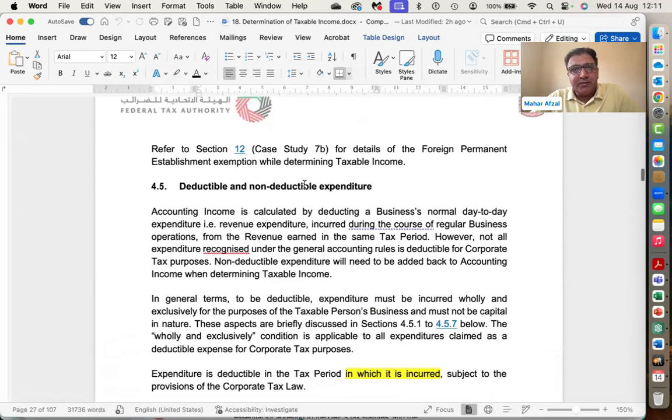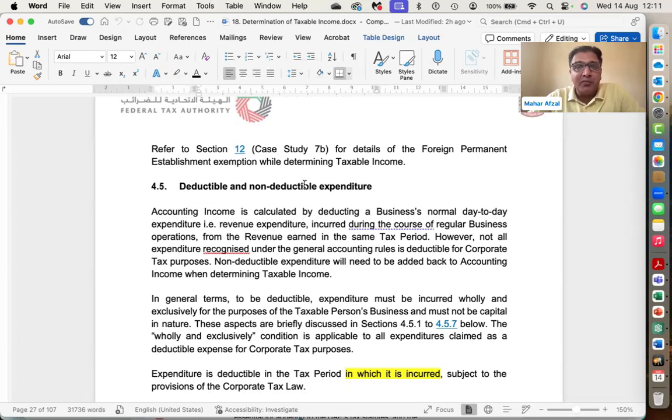Deductible and non-deductible expenses. We know some expenses are deductible, some are not deductible, like interest. If the interest is up to 12 million, you can claim 100%. If it is beyond 12 million, you can claim 12 million or 30% of EBITDA, whichever is higher. If you took a loan before December 2022, I can't remember the exact date, I think it is the 14th or 13th of December, something like this.